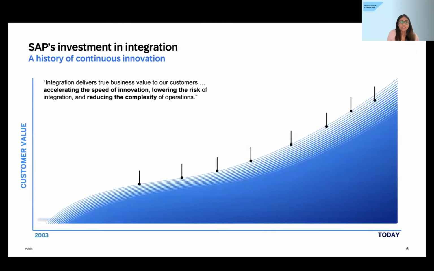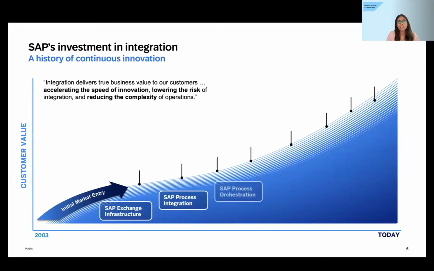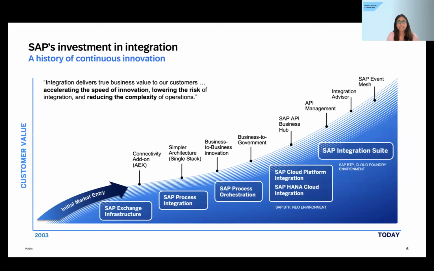And when you see how we have evolved in this journey, in 2003 we started with SAP Exchange Infrastructure. Then we moved on to process integration and process orchestration. Then we heard our customers and the need to move to cloud.